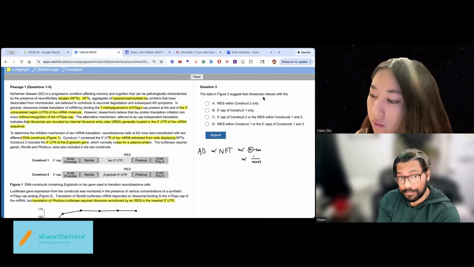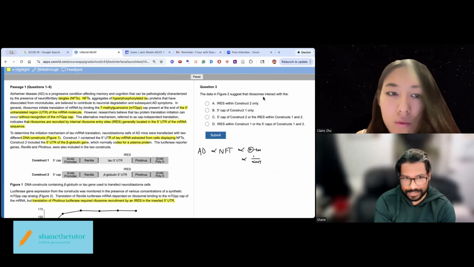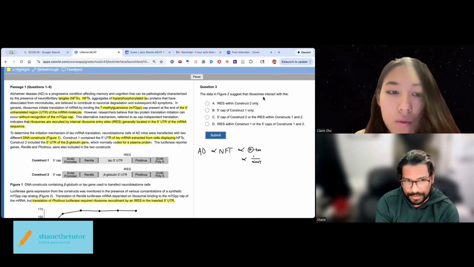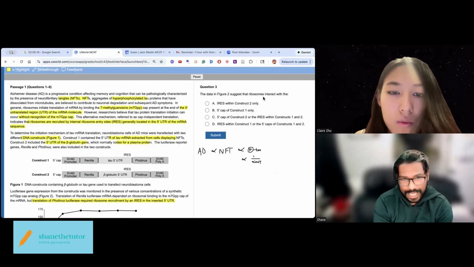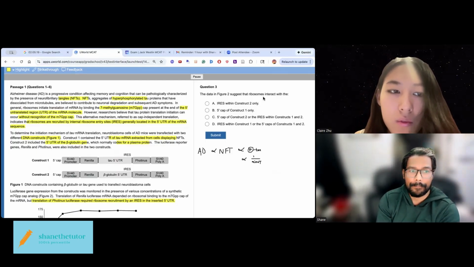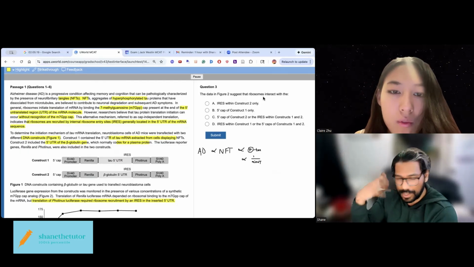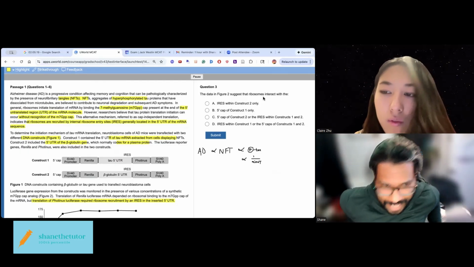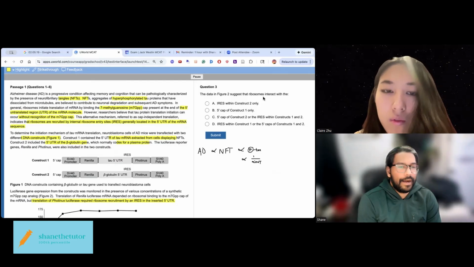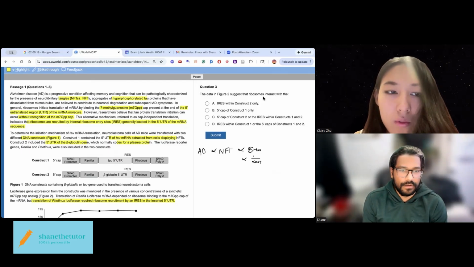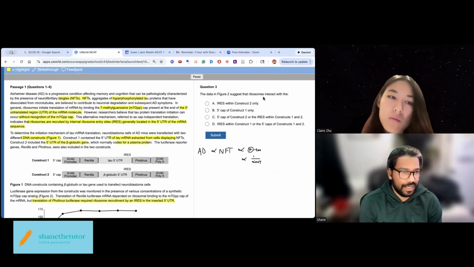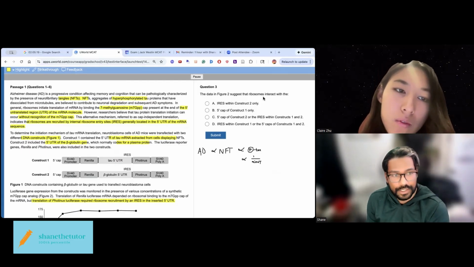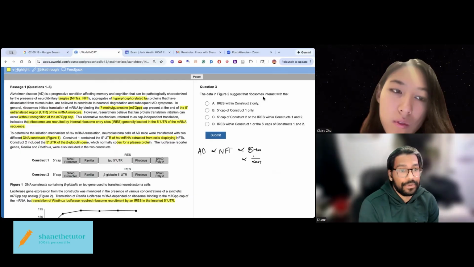Now they're being more specific here by giving it a name, the 7-methylguanosine cap, but we just want to assimilate that with what we already know. Okay. However, researchers believe that the tau protein translation and initiation can occur without recognition of this cap.